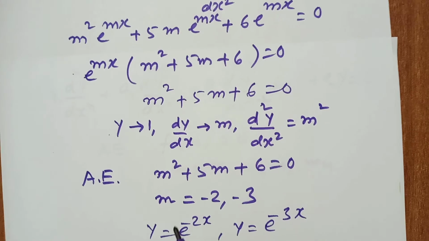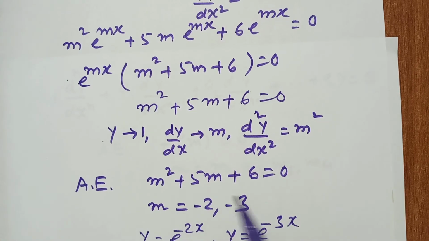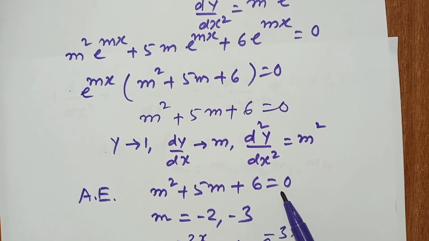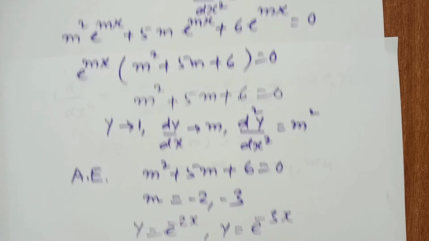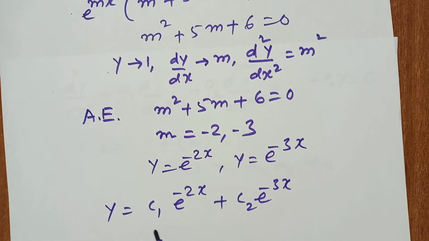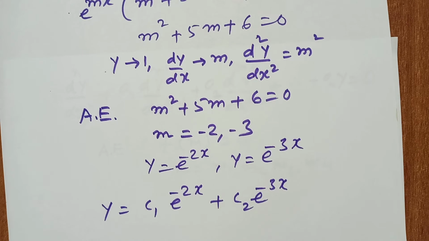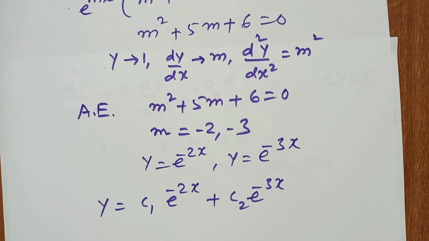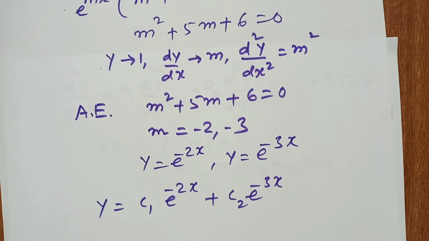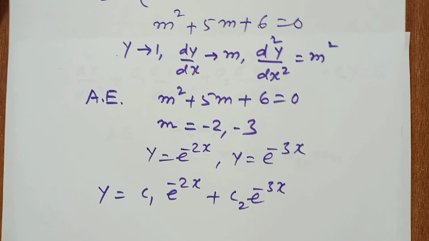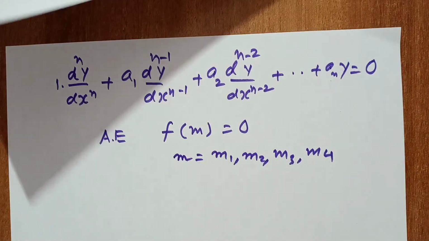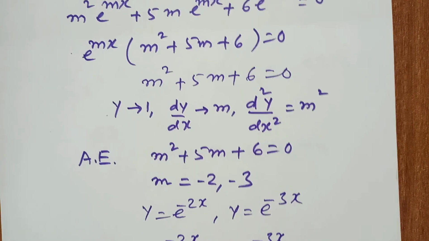What is the auxiliary equation? m square plus 5m plus 6 equal to 0, and then calculate the values of m. So this is the solution. In the general case, if the order is n, we get an equation of degree n in m.